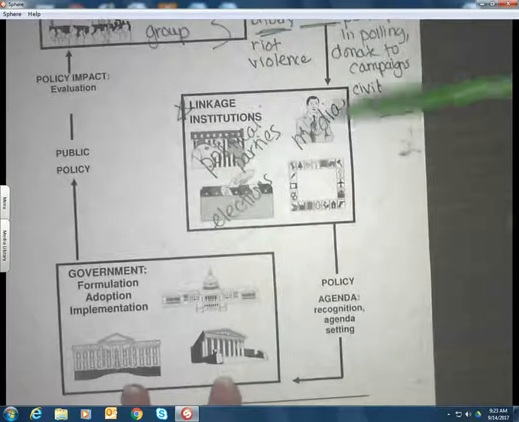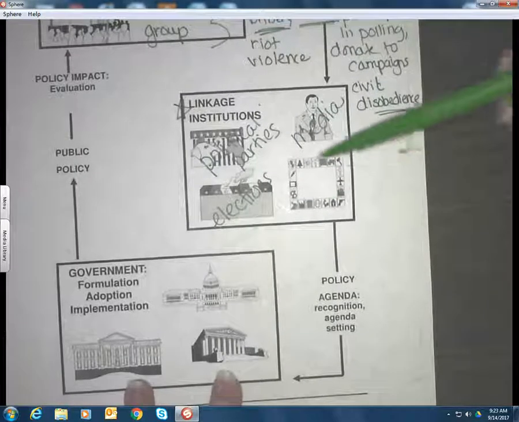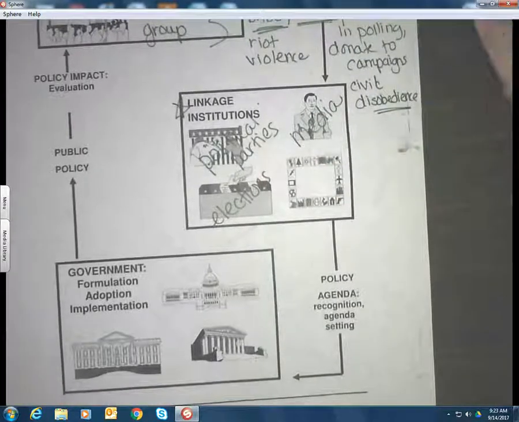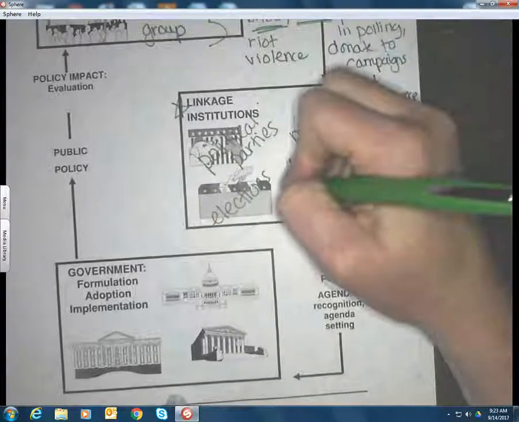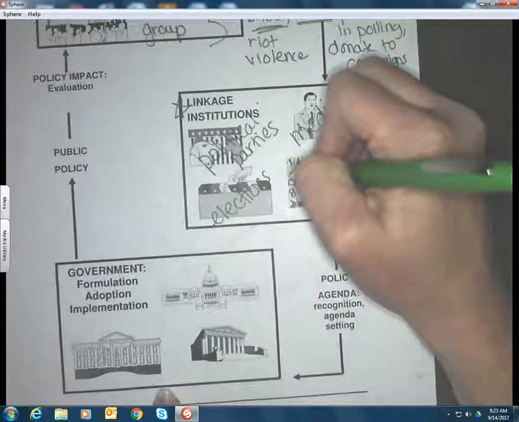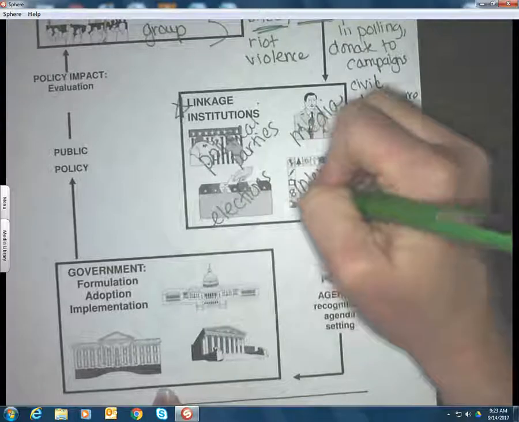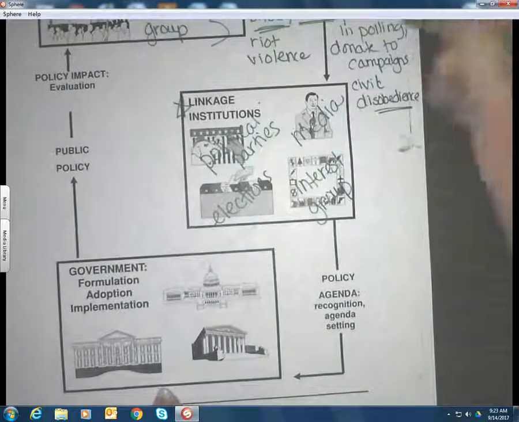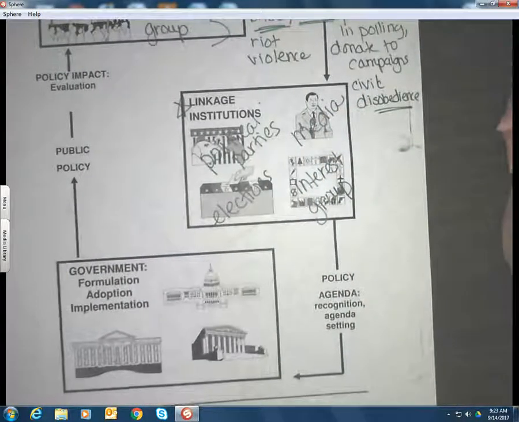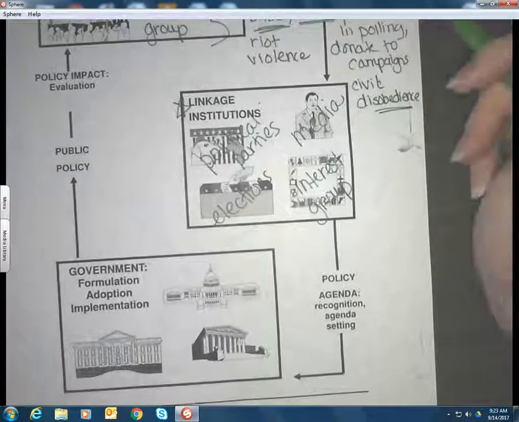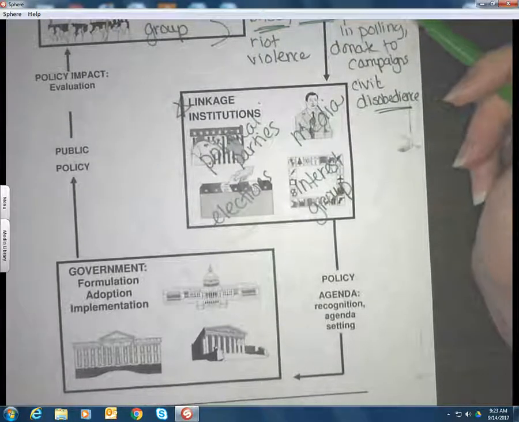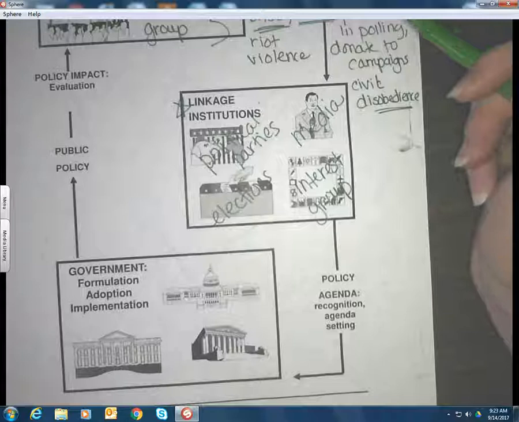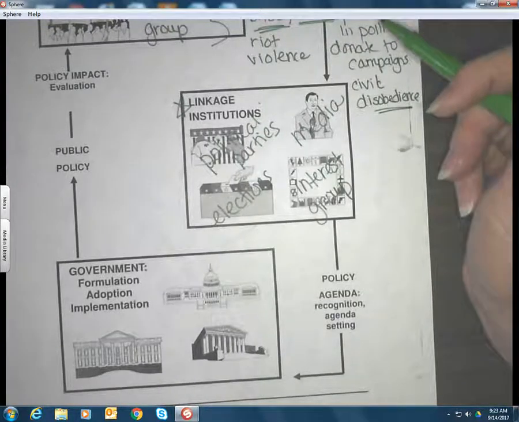Okay, and these little pictures right here, they're supposed to represent all different interests and segments in our society. And so that's what's called an interest group. I suspect that's probably the one you were least familiar with. Interest groups can represent us because of our profession, because of particular issues we care about. There are things like the National Rifle Association, Mothers Against Drunk Driving, Greenpeace, the Sierra Club, the United Way.